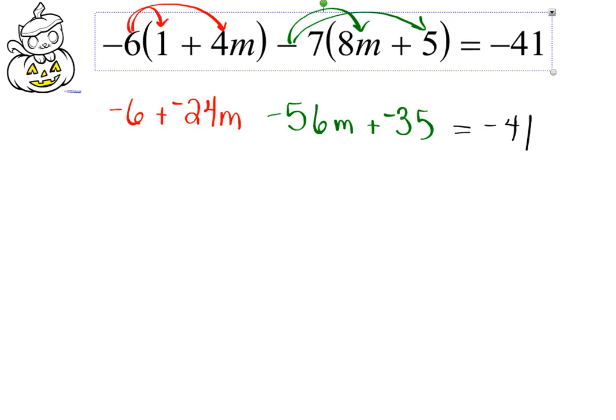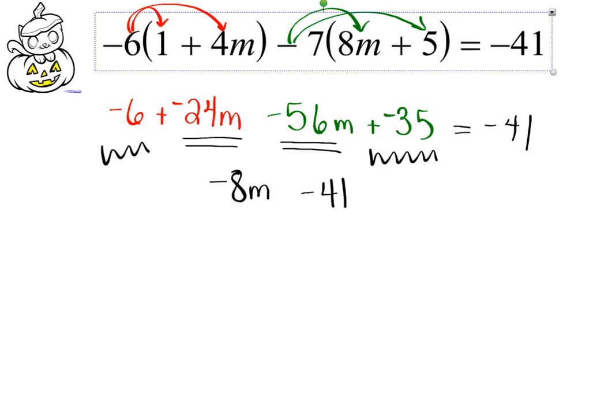Again, guys, we've got to collect like terms. I have like terms here and here. Negative 24 and negative 56 gives me negative 80m. Then I'm going to collect the negative 35 here and the negative 6 there. So that would be negative 41 equals negative 41.